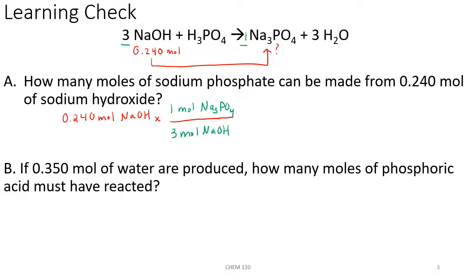This is the important new step that we need to write using stoichiometry. And since we're actually just trying to find moles, that's going to be the end of our calculation. So if we take 0.240 and divide by 3, that should give us our answer, or 0.08 moles of sodium phosphate.